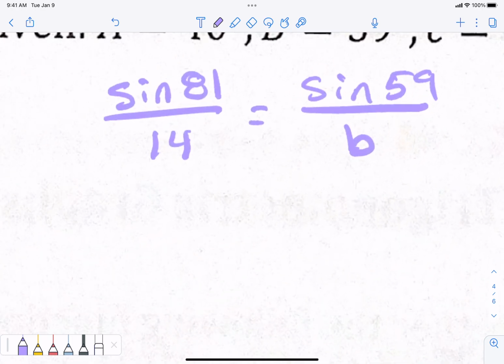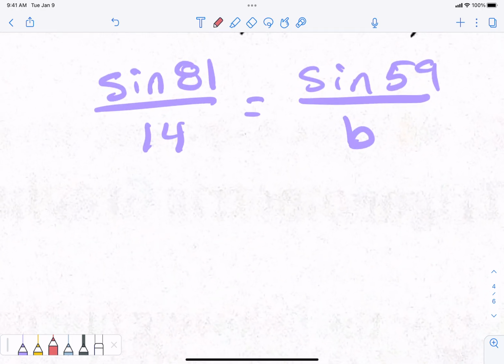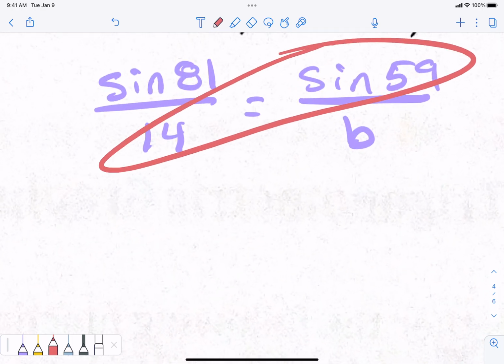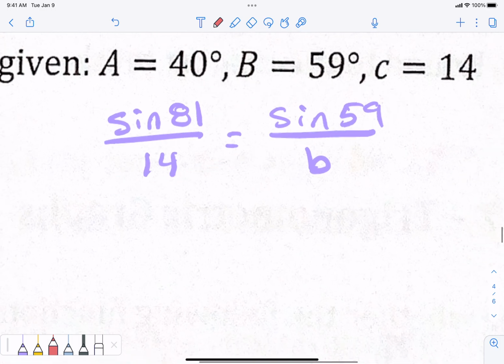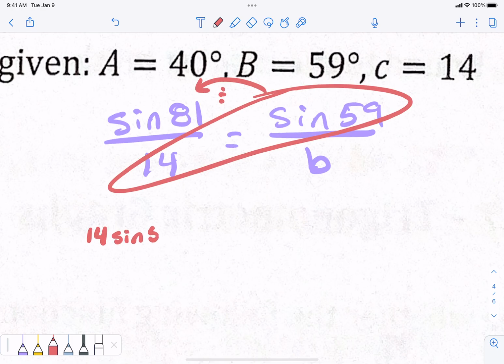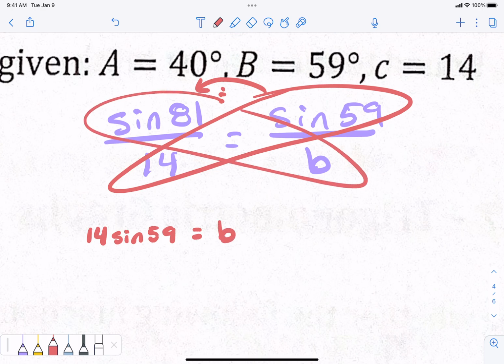Can I zoom in? Are we good? Okay, we're going to cross multiply now. So 14 times sine of 59. Just multiply and divide. 14 sine of 59 divided by sine 81 is what you're doing. I'm going to write out all my work, so if you're one of those people that has to have all your work, I'm going to write it out for you. If you don't want to, you can skip this step. b sine of 81.